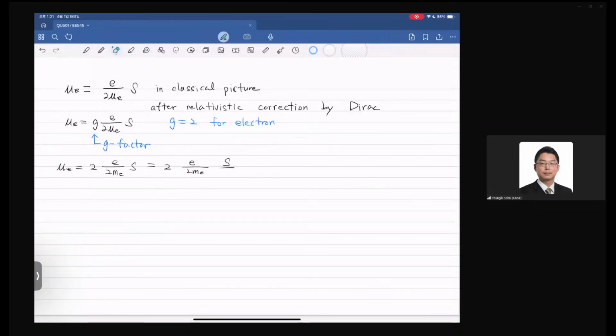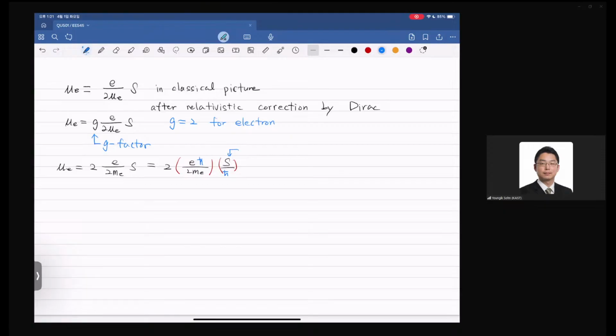So this is what we have found so far. And then what I'm going to do is add h bar here, like this. Okay, and then let's look at the units of S and h.